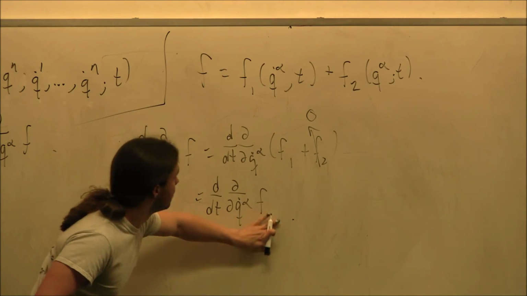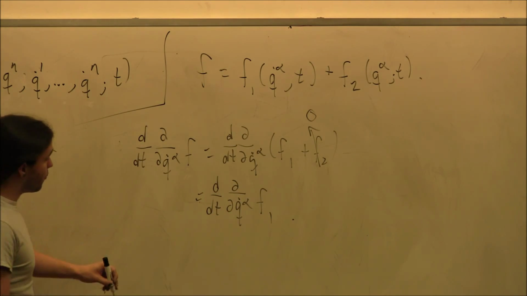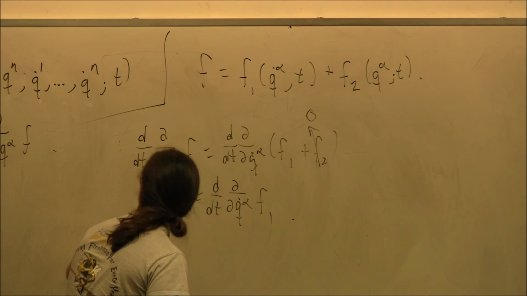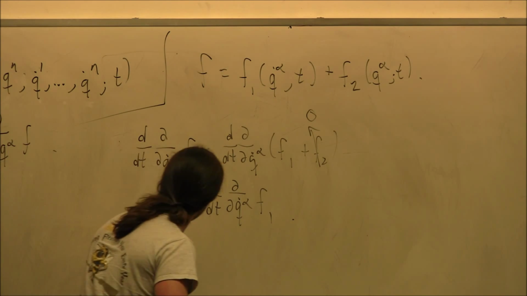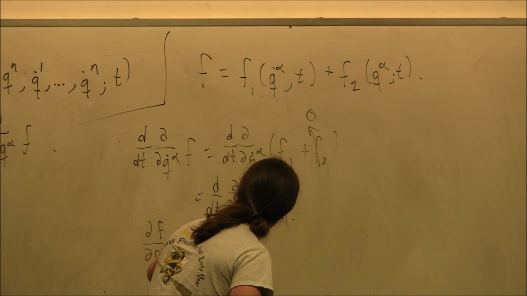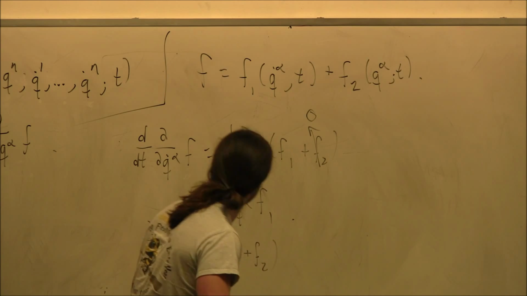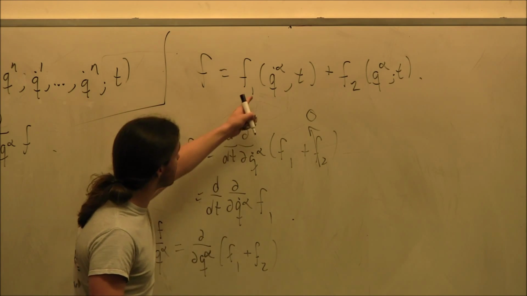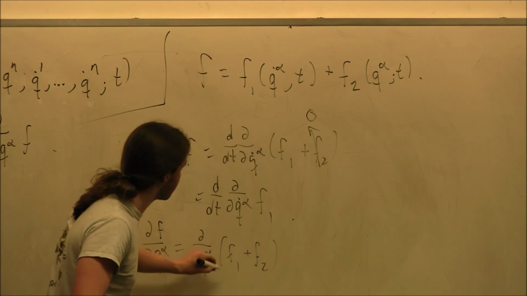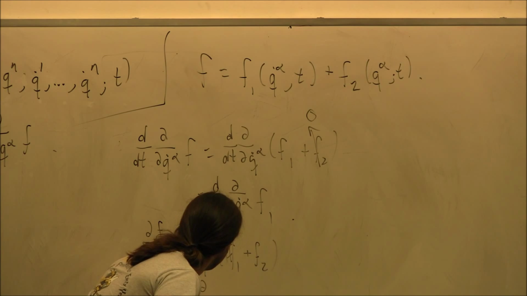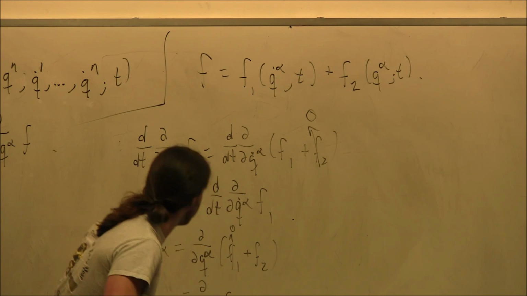All right, and so for the other side, likewise, if we took the other side of the Euler-Lagrange equation, we have this, and for the same argument, f1 will die this time because it's not dependent on any of the positions, only on the velocities. So this goes to 0, so this ends up just being the partial of f2.